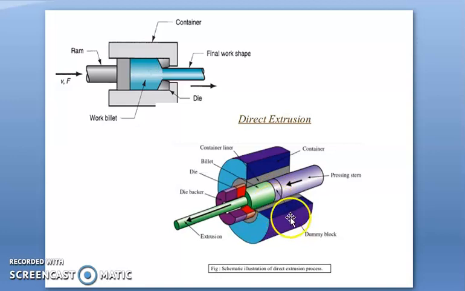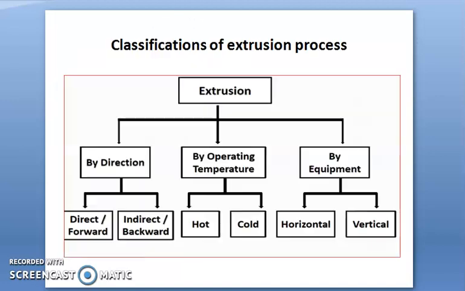The same we discussed here is also called direct extrusion. We will see later the types of extrusion process, direct or indirect. Hope all of you understood the meaning of extrusion process. Next we see the classifications of extrusion process.